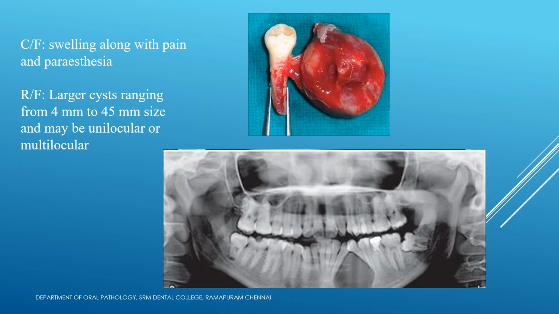Let's see about the clinical features. Clinically, the botryoid odontogenic cyst will have a swelling along with pain and paresthesia. Radiologically, we can identify larger cysts, ranging from 4 mm to 45 mm in size, and it can be either unilocular or multilocular.